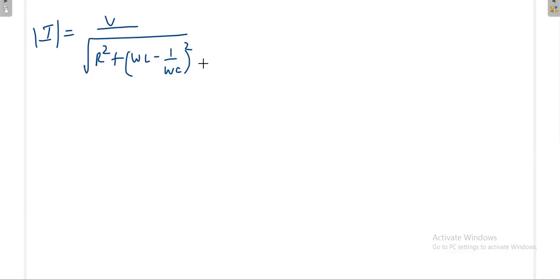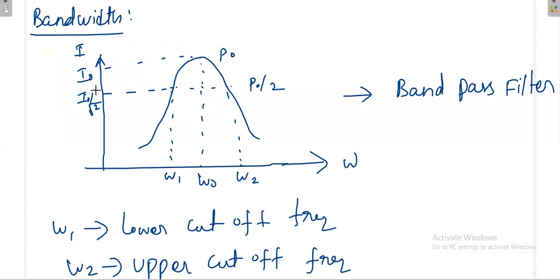And again, |I| is equal to V divided by the square root of R² plus (ωL minus 1/ωC) whole squared. Now see, at corner frequency, what is happening to |I|?